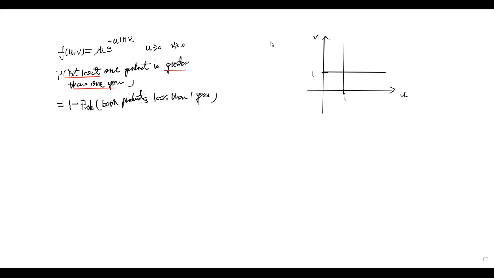If we do the integration, this gives the probability that both are less than 1 year. The remaining problem is just calculus integration over this region.